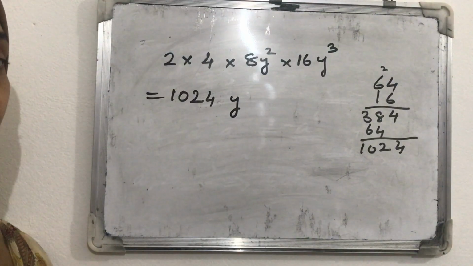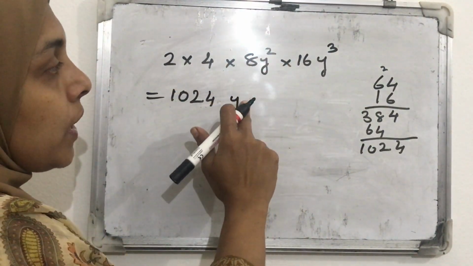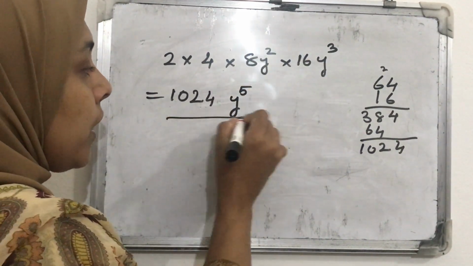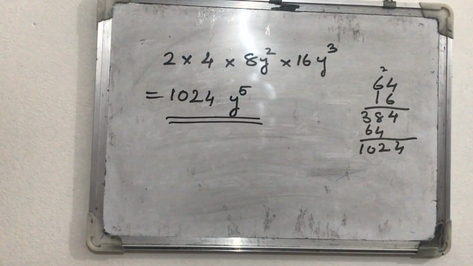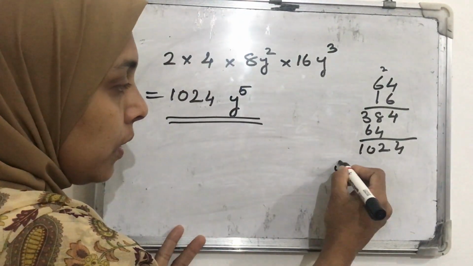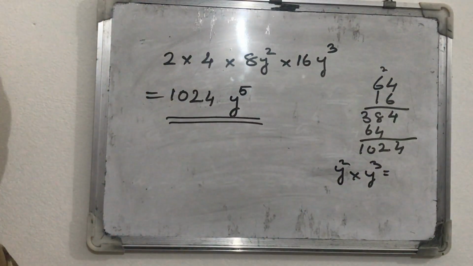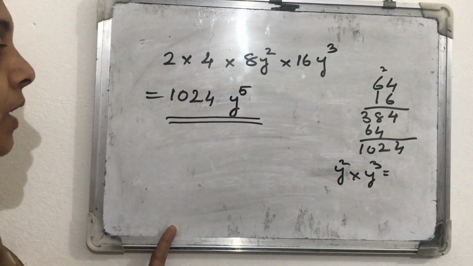Add the powers of that variable. So y raised to 2 plus 3, so y raised to 5 will be the answer. All of you have to take care. When we find y square into y cube, it is not y raised to 6. It is y raised to 2 plus 3, that is 5.